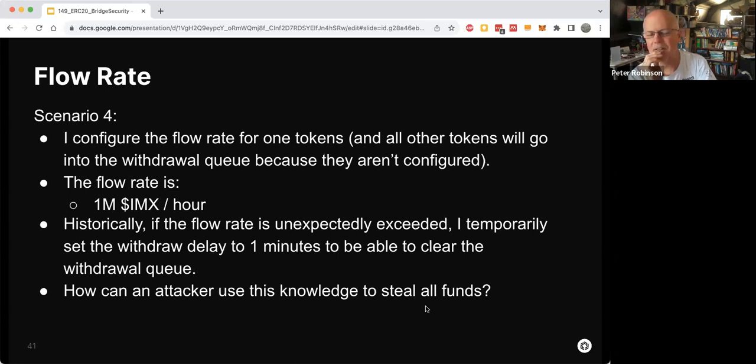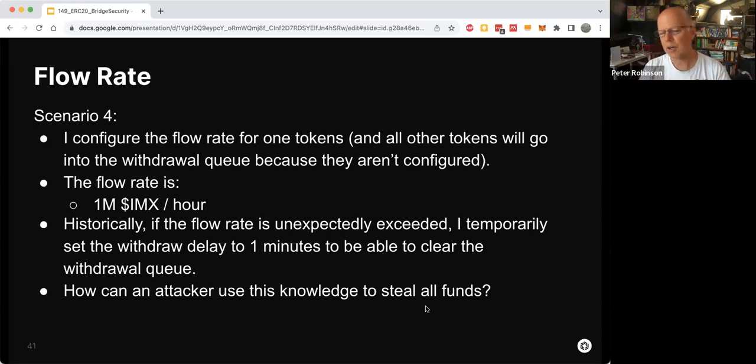It's a complicated one, so maybe I'll handle it myself. How this works is the attacker would create a whole stack of accounts and start doing withdrawals, just enough to trigger the 1 million IMX an hour, but they may try to make it look like they were all valid, normal withdrawals, fitting the normal withdrawal pattern.